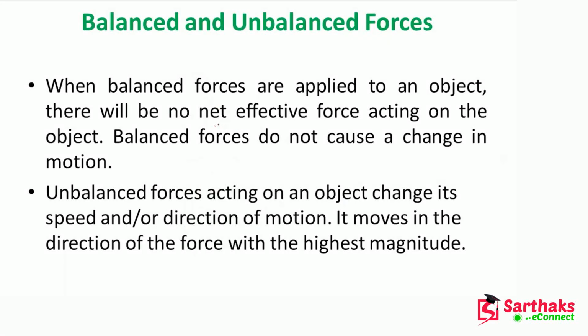As I have told you, net effective force. In the previous diagram, we have seen F1 that was 300 Newton and F2 that was also 300 Newton, right? So the net force, that is F1 minus F2, equals 0, right?